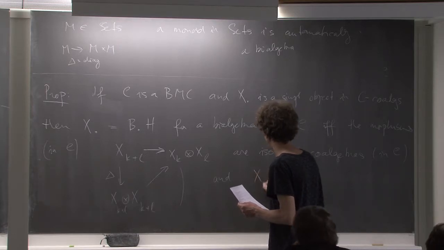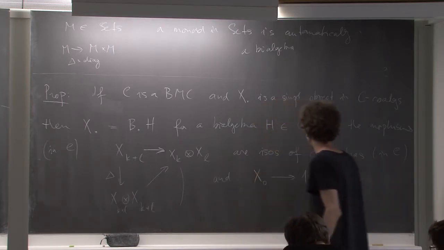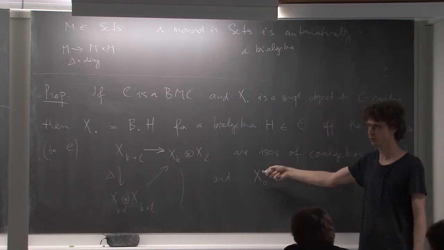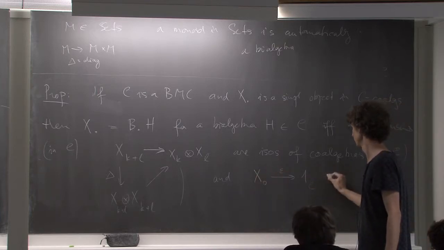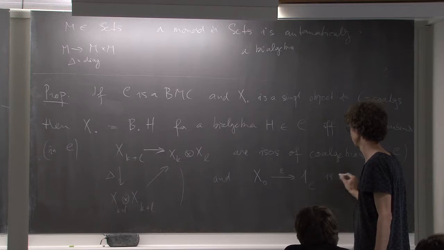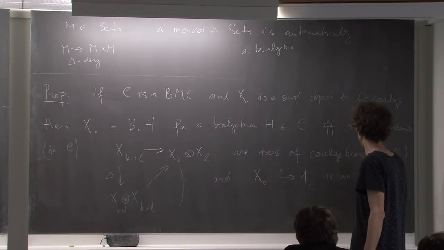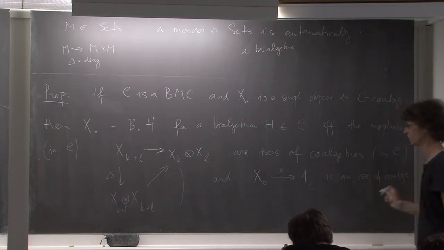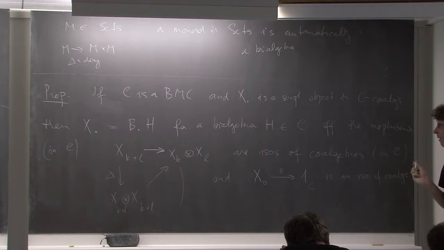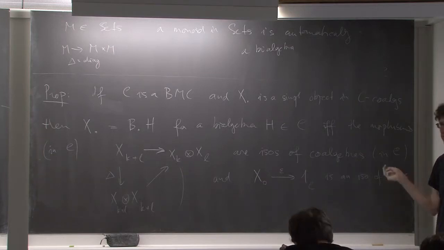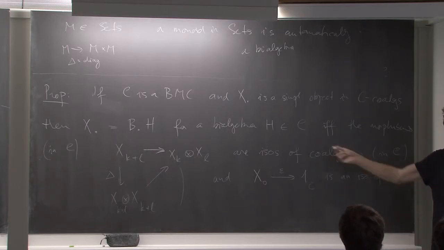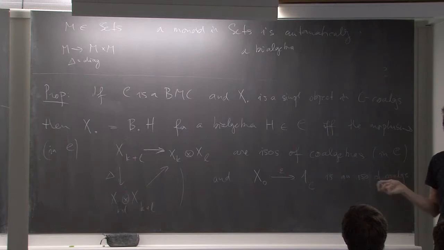If X_0 going to 1 in C, which is just epsilon, so just the counit on X_0, if and only if this is an isomorphism of coalgebras. So it's exactly the same thing as we saw before, just now written, like as we saw just for monoids in sets, but written in this more abstract way.